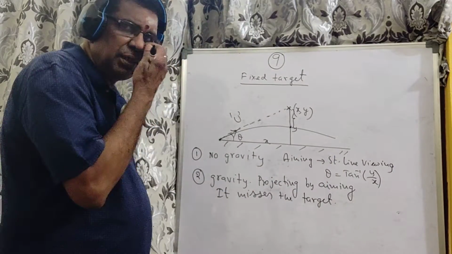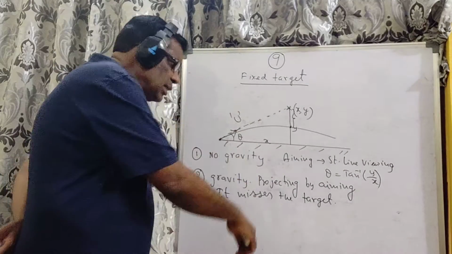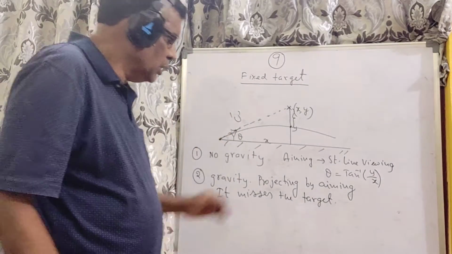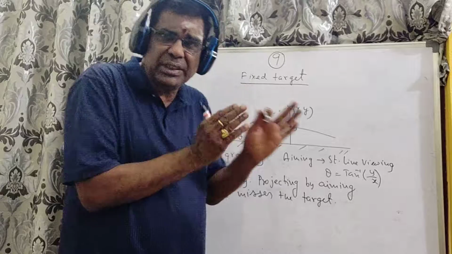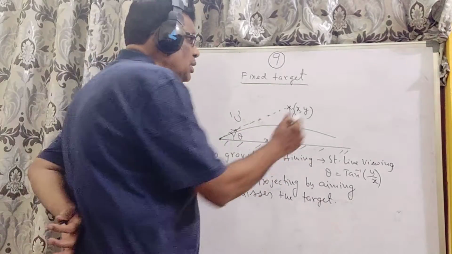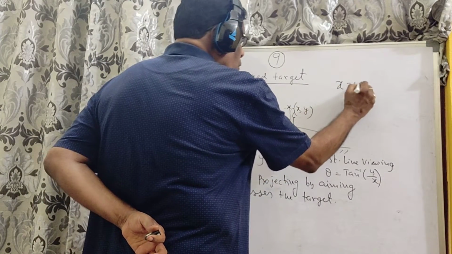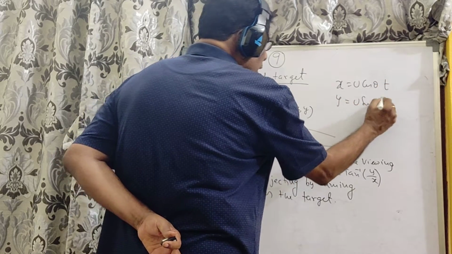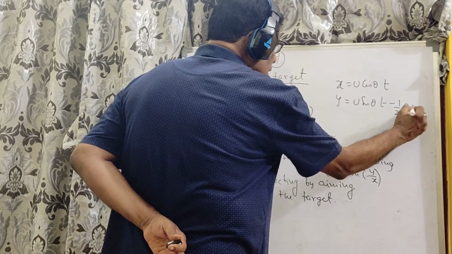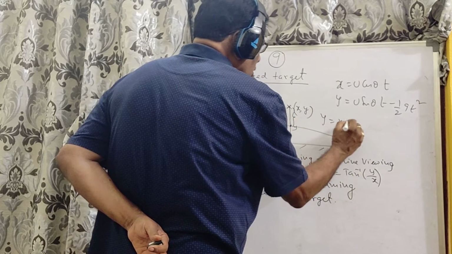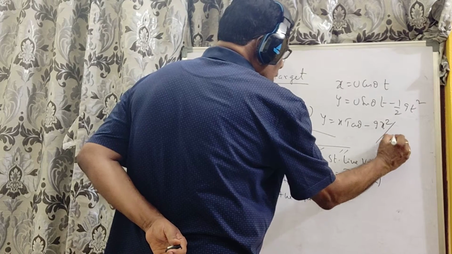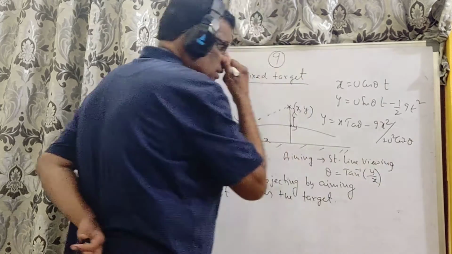It will miss the target because of acceleration due to gravity. How much does it miss the target? Now the gravity term is the culprit here. What are the equations if you write it in scalar notation? Immediately write these things. And then y is equal to x tan theta minus g x square by 2 u square cos square theta.